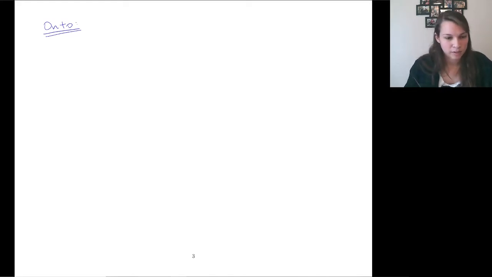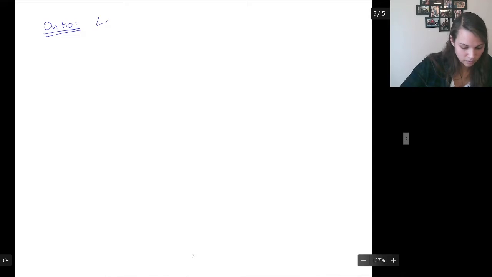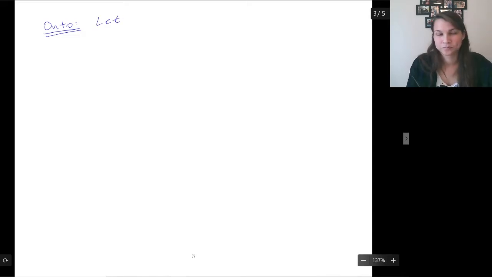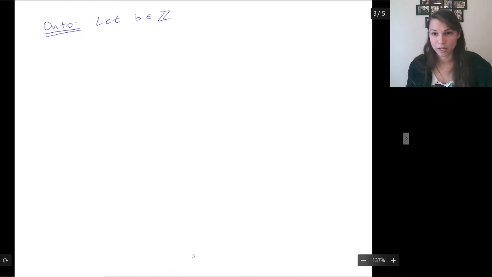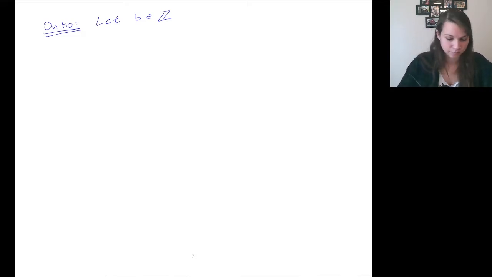So now we're going to start with how every onto proof is going to start. We pick an element in our codomain. And now the goal is to show that we can indeed find a way to map to it using f.